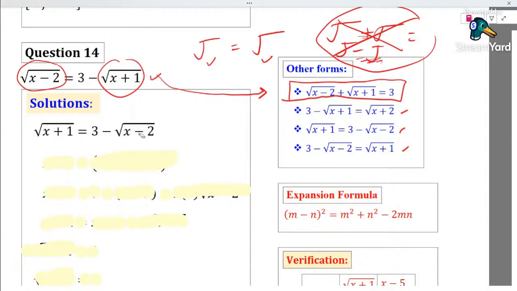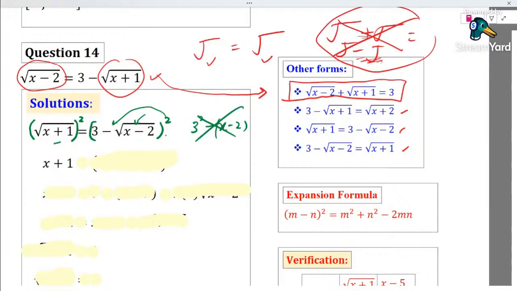Then what we do next is square both sides. Guys and girls, pay attention to the square both sides here. This is the part where a lot of students make mistakes. So we square both sides. For the one on the left, no problem. It will just simplify, becoming x plus 1. But for the one on the right, students always have a misconception. They think that for the square, they just expand inside, becoming 3 squared minus x minus 2 like this, which is wrong.